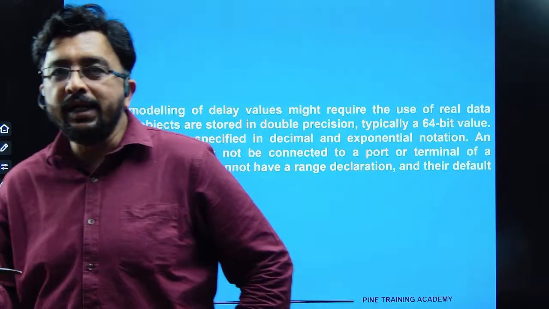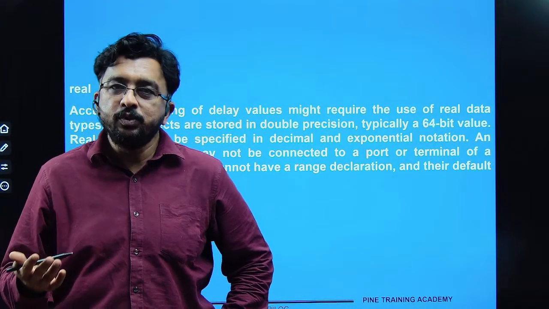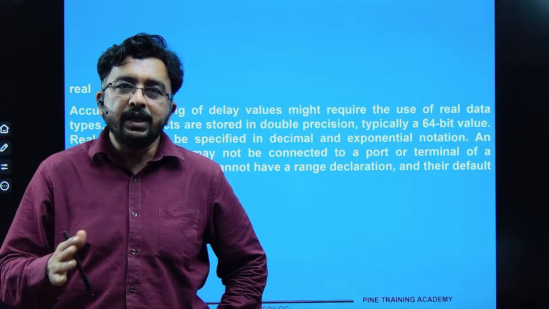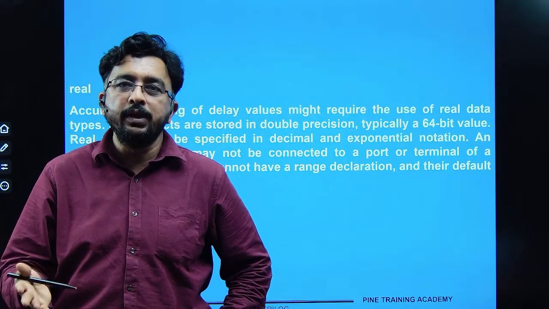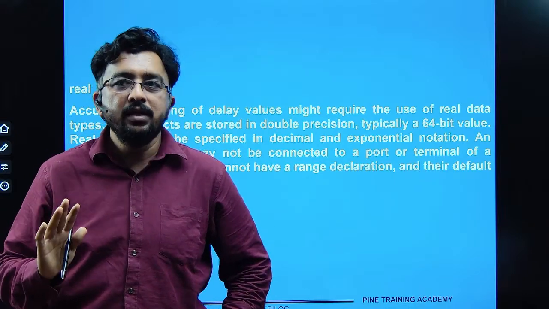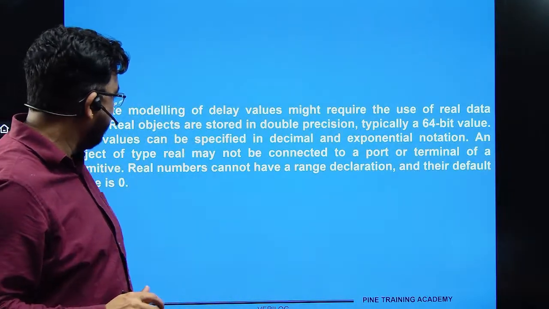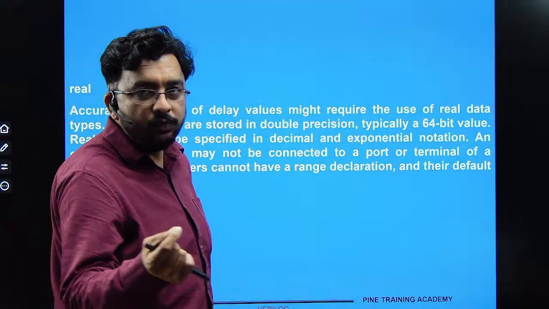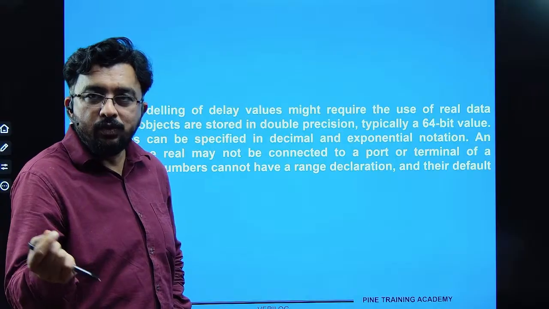For any delay calculation or delay simulation where you are getting the data in fraction, or in floating point, you have to use real variables. The real objects are stored in double precision, like 0.12, 3.12.